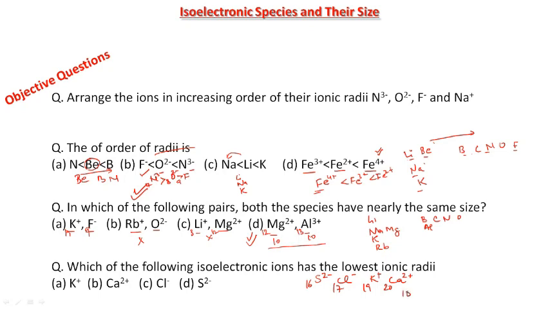So this is 18, 20 minus 2, 19 minus 1, again 18, 17 plus 1, 18, and 16 plus 2, 18. So all are isoelectronic as mentioned over here. As we are moving from left to right in this series, the Z effective increases. As the Z effective increases, size decreases. So which will have the more ionic size? So this is the correct order.